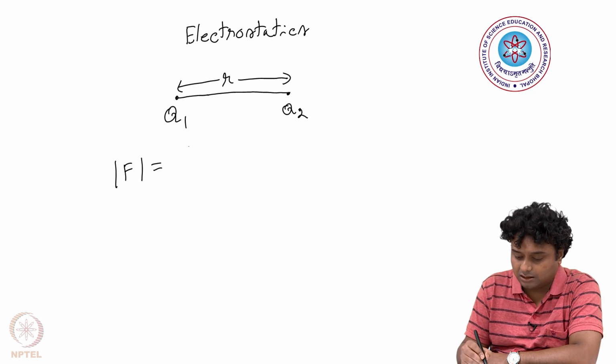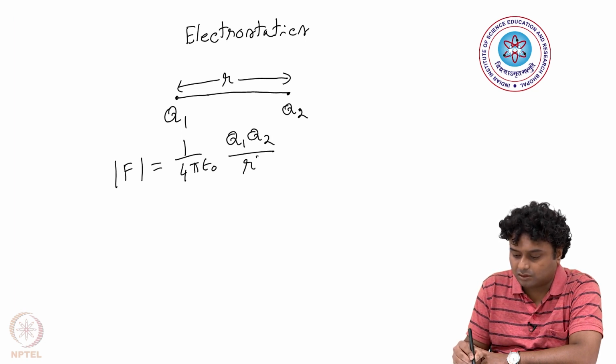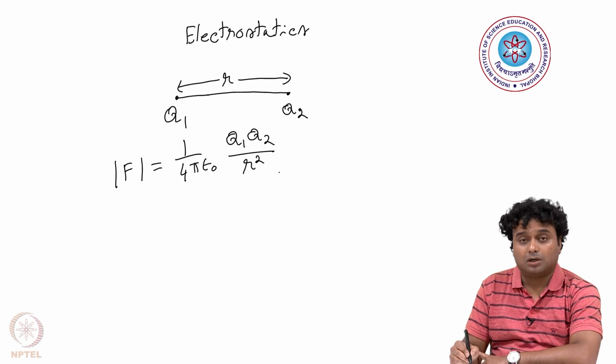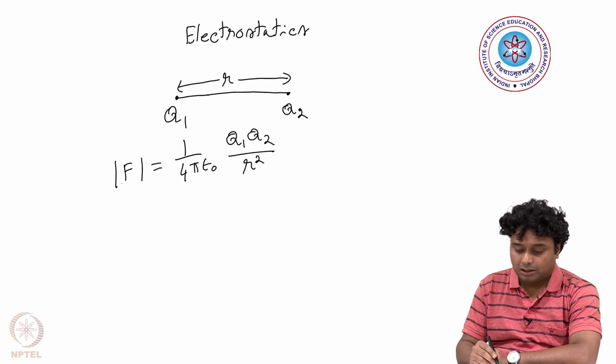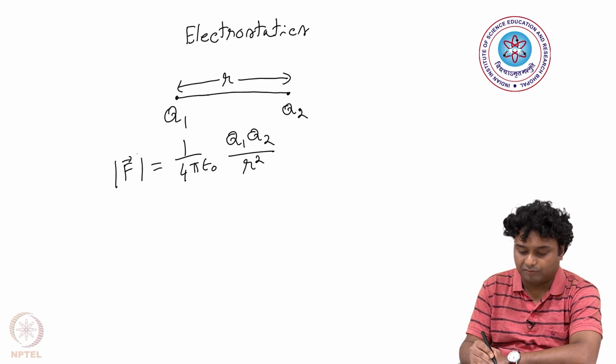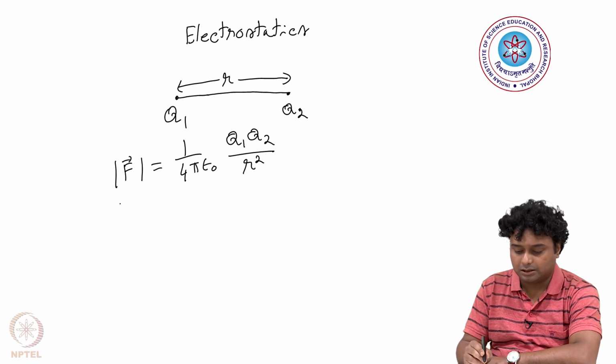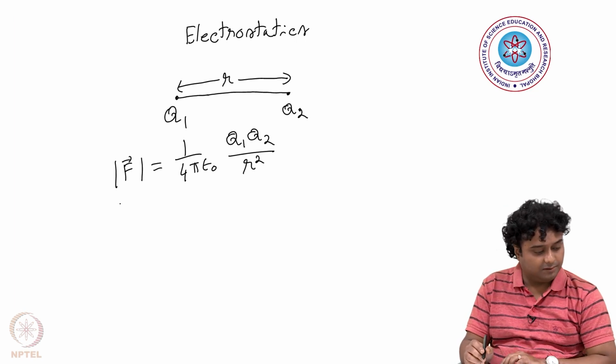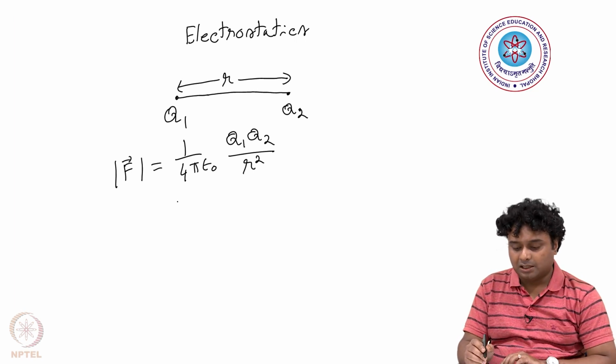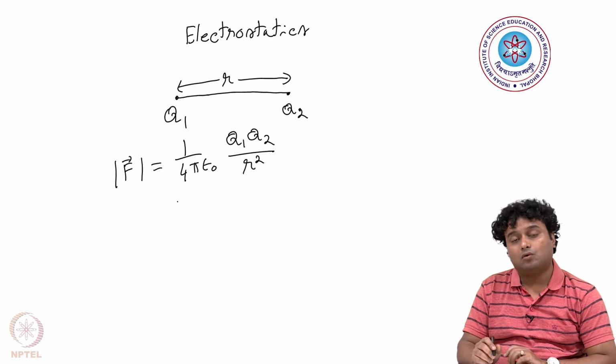That is 1 by 4 pi epsilon naught into Q1 Q2 by r square, and you are already aware of this. Note that this is the magnitude of the force. I am not writing any direction, just for simplicity. Now what is the field? Force per unit charge.